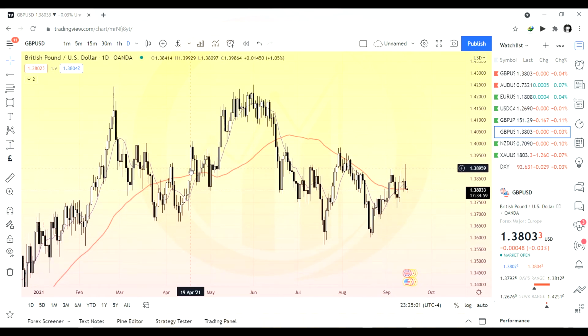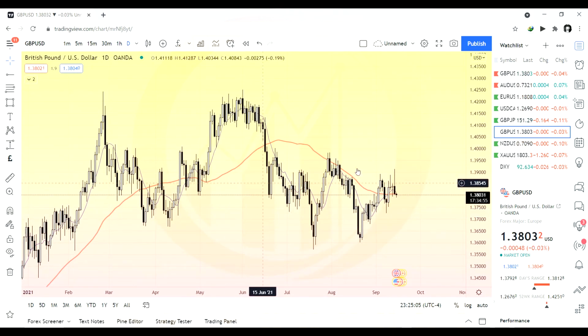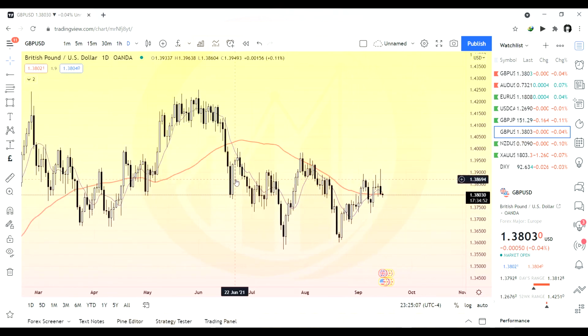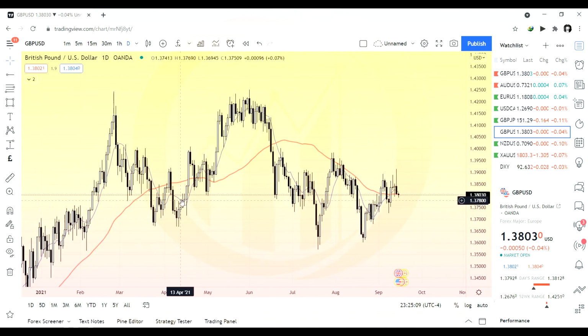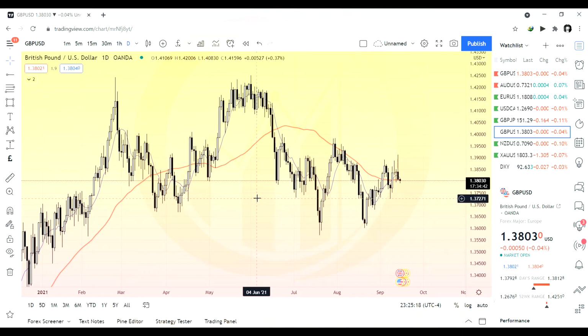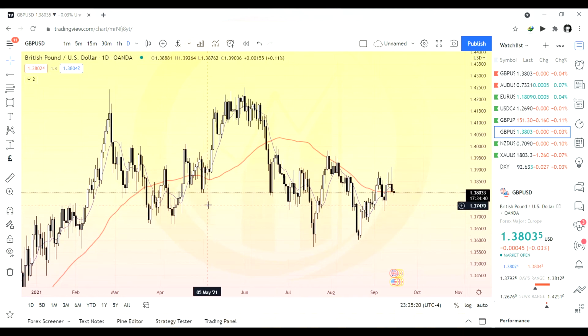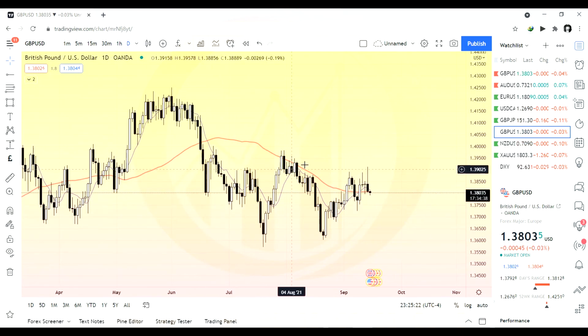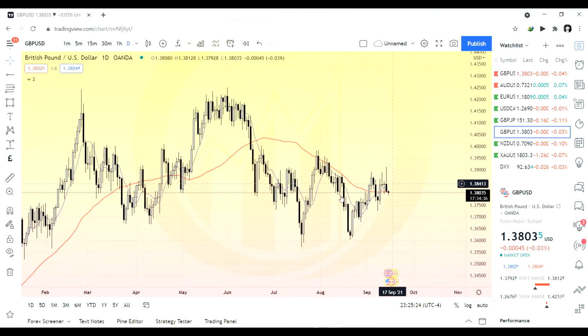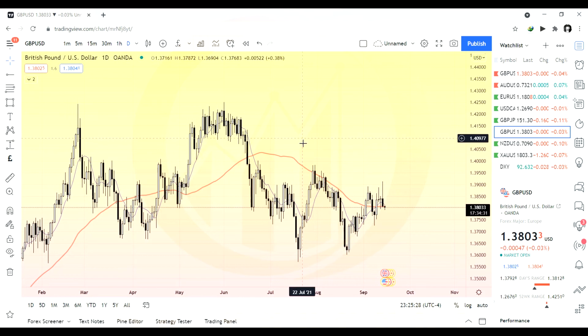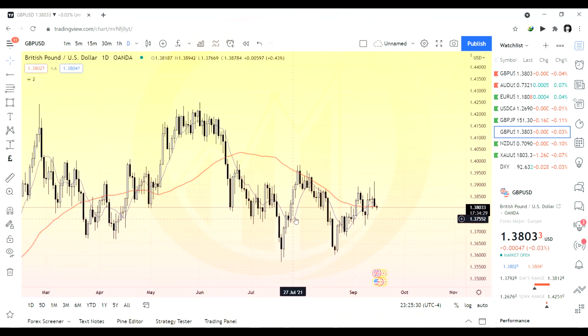I recommend beginners try this out on their demo accounts, get used to it, and have a feel for what trading is all about, getting those executions in, and overall just being somewhat profitable in the beginning of your career. So, we're going to just dive straight into this.